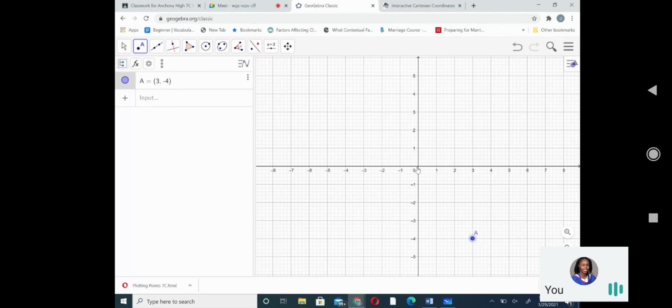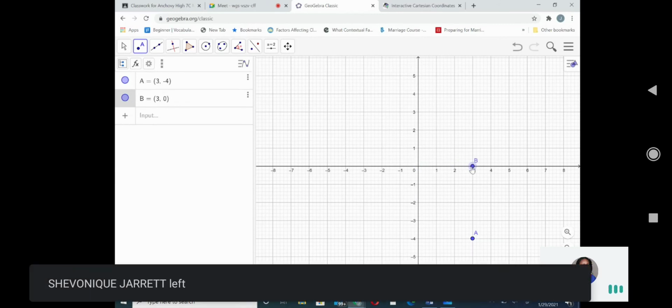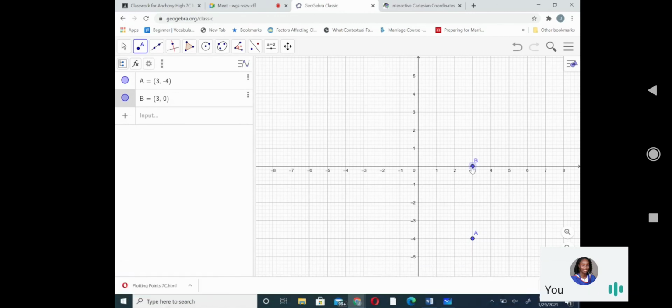So we'll start from our origin again. And the positive 3 represents movement on the x-axis, and it's movement to the right. Very good. So we'll go 3 places to the right. And then it's positive 3, 0. So what does the 0 mean at the y? Stay on which line?